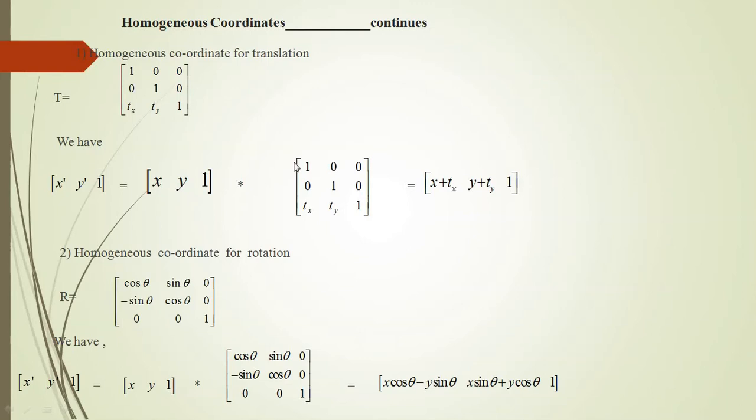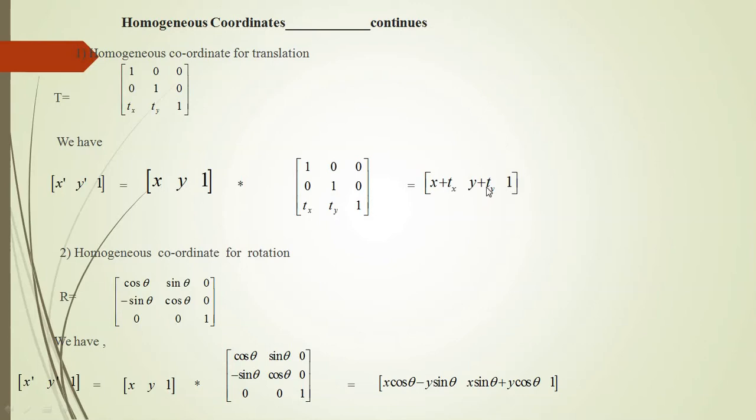This row is multiplied into the first column: x into 1 plus y into 0 plus 1 into Tx, that is Tx. So the coordinate is x plus Tx. Then this row is multiplied into the second column: x into 0, y into 1, plus 1 into Ty, that is Ty.